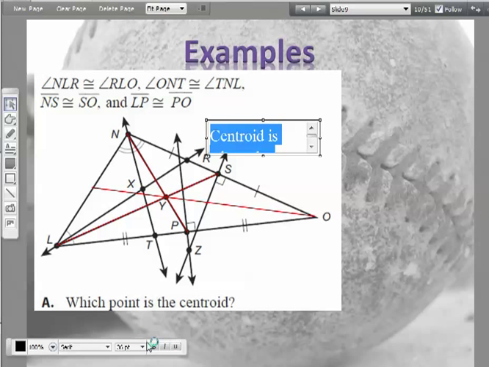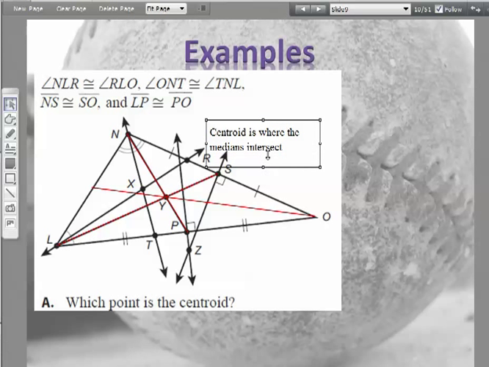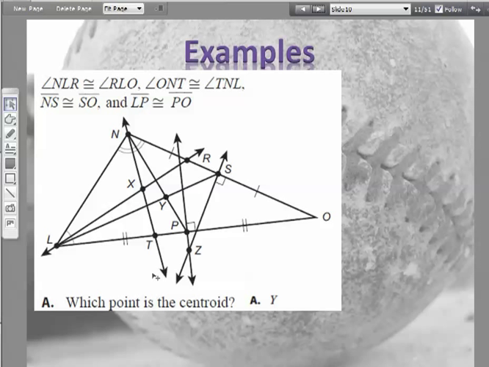Ooh, that's probably a little too large. There we go. Okay, the centroid is where the medians intersect. And so it looks like point Y is the guilty party. There we go. Okay, let's look at the next one.